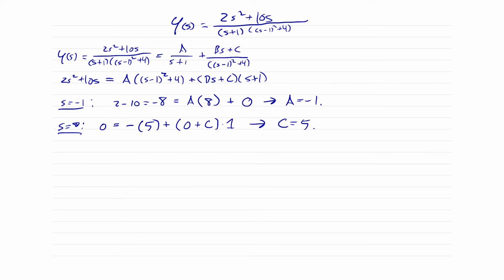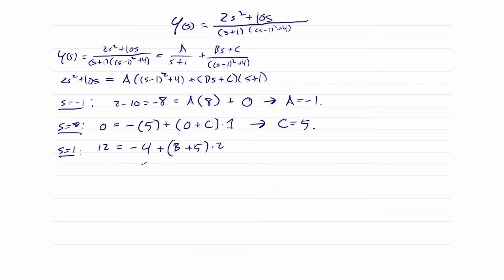All right, now we have one last thing to figure out. There's nothing else we can really pick that's going to make it easier, so why don't we just pick s equals 1. On the left-hand side, with s equal to 1, we get 12. And on the right-hand side, I get minus 4 plus (B plus 5) times 2.